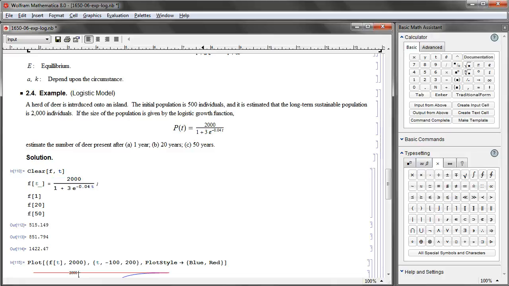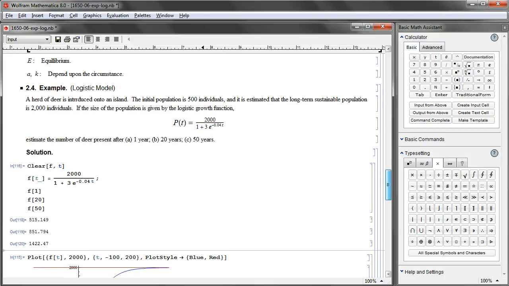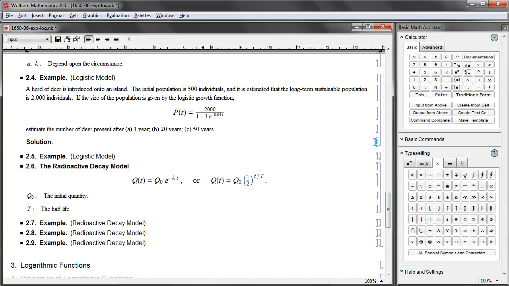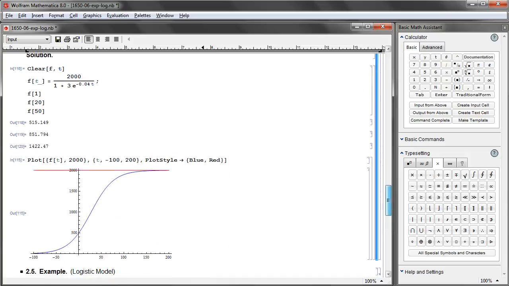You can use a handheld calculator, but I just used a computer algebra system and got these figures. 515.149. We're talking about an integer number of deer, so approximately 515 deer, and 851.79, that means 852 deer, and so on. So for the logistic model, with this kind of graph, we have y equal to 0, and y equal to E as horizontal asymptotes.